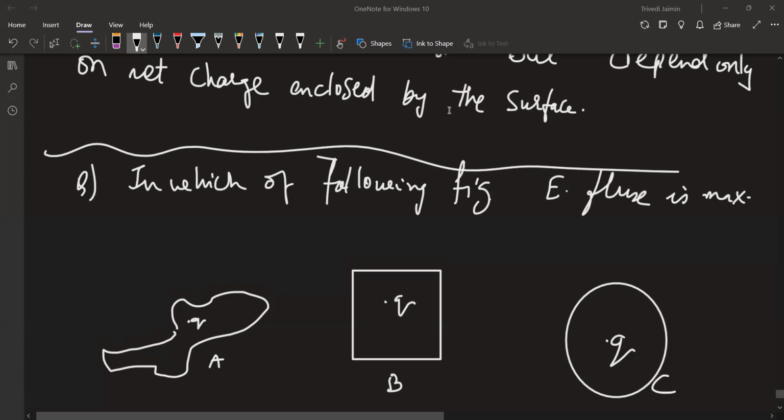Come on, guys, start thinking. You're preparing for JEE exams, so you start thinking: why, what, when, how. B and C, I guess, sir. Because?